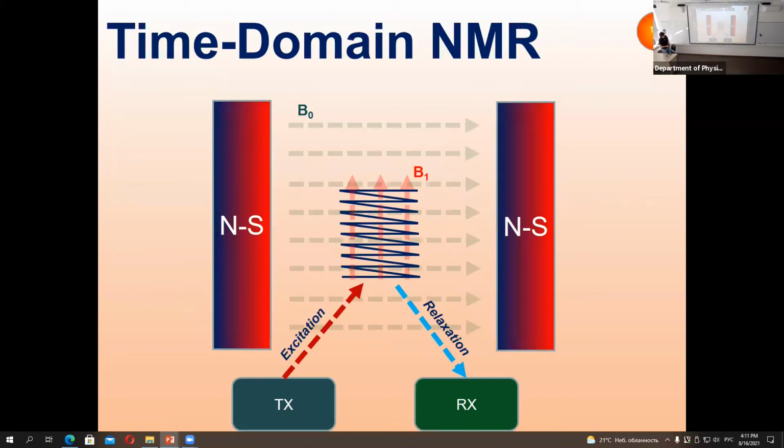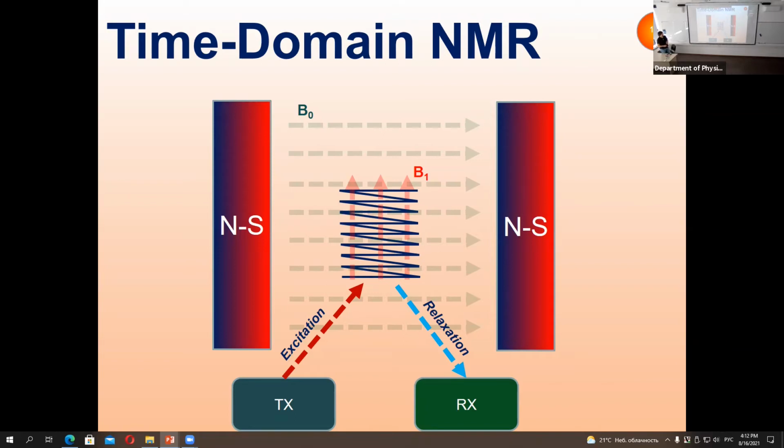But talking about time domain NMR, we don't need really complicated hardware. We don't need to maintain an extremely homogeneous magnetic field. You can build the magnet by your hands, and this will work. This magnet produces a more or less homogeneous field. You put in just the coil, and just imagine, we have 1 Tesla.